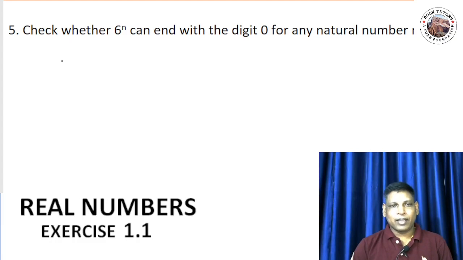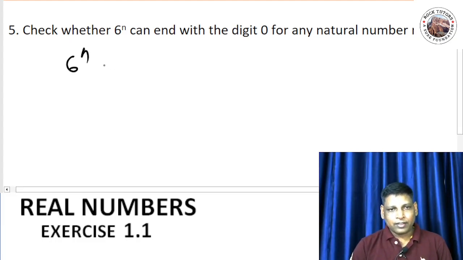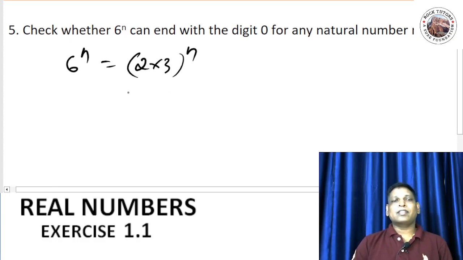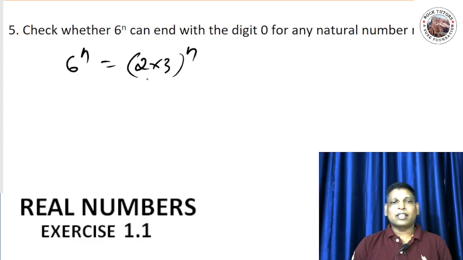Now here, 6 power n is equal to 2 into 3 whole power n. In the 6 there is no 5, so 6 does not have 5 as a factor.